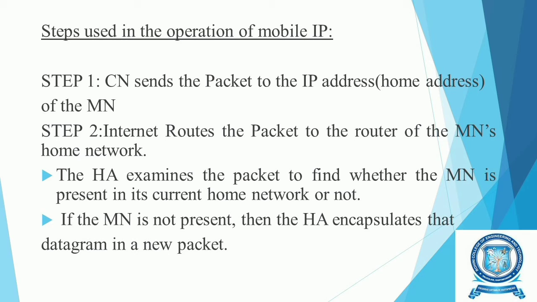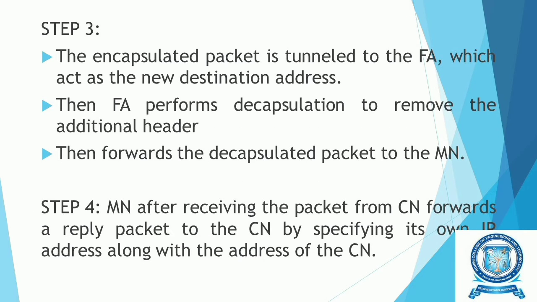Here the home agent examines the packet to find whether the mobile node is present in the current home network or not. If the mobile node is not present in the current home network, then the HA encapsulates the datagram into a new packet. In step 3, the encapsulated packet is tunneled to the foreign agent, which acts as a new destination address. The foreign agent performs the decapsulation to remove all the additional headers added.